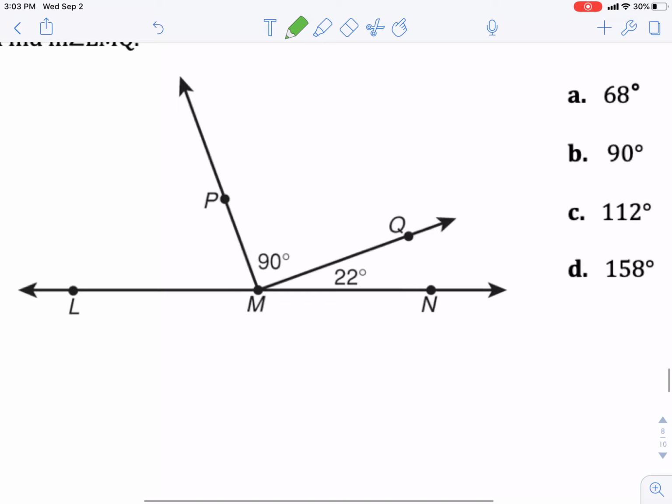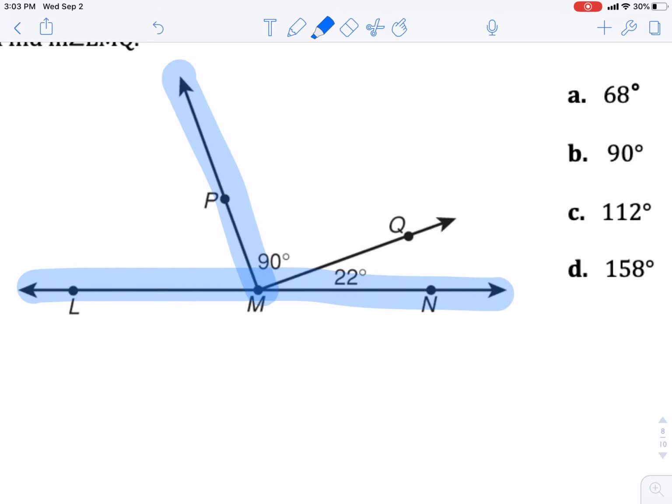All right, find LMQ. So what we're going to do is find the measure of that angle first and then add it to 90 and we'll be good. So we're going to use that concept of a linear pair. We have a straight line that's 180 cut up. We have 2 different angles.